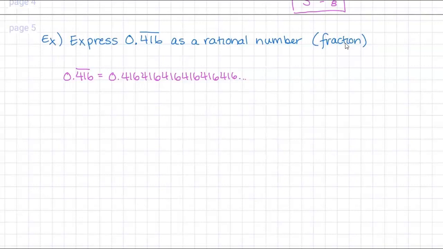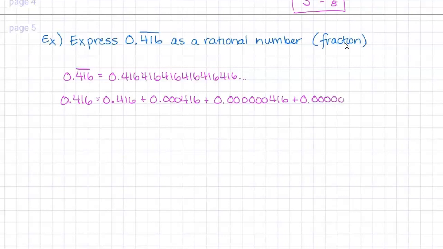Or we can write it like this: 0.416 plus 0.000416 plus 0.000000416 plus 0.000000000416, and so on. That would be the same thing.